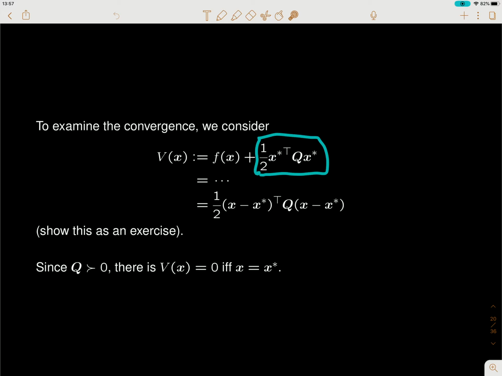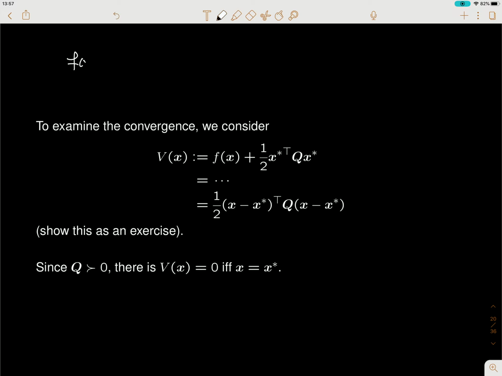And also, you can do a very simple transformation of this f of x, and adding these two together gives you this last line here. So let me show you that.